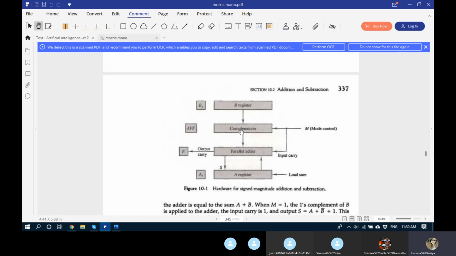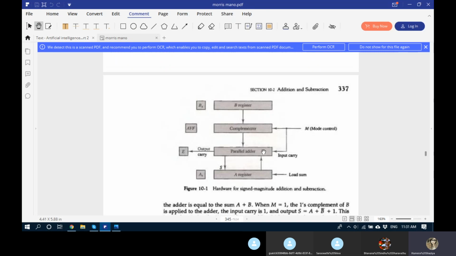Okay. Now these two, if you can just recall that concept in which we have constructed a binary adder subtractor. We have a mode bit, then M mode, and then XOR gate we used, and then A and B. If mode is 0, then it performs addition.